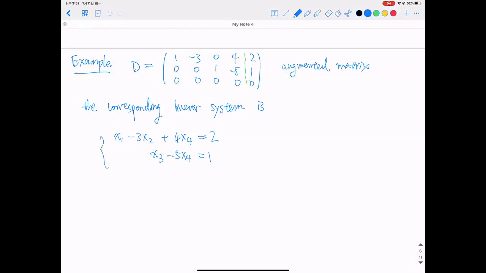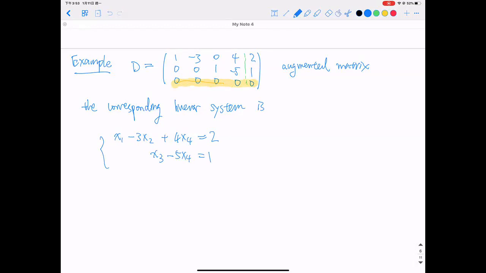And then you have a zero row. The third row here, as you can see, is a zero row. So that doesn't give you any useful equation.